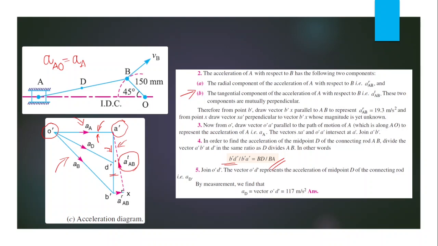Then we can find this point D dash using this ratio. Connect D dash and O dash. We can find the acceleration of D with respect to O, the absolute acceleration. By measuring O dash D dash, the acceleration is equal to 117 meter per second square.